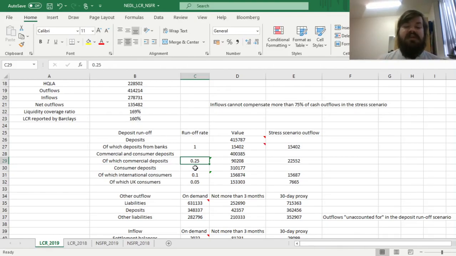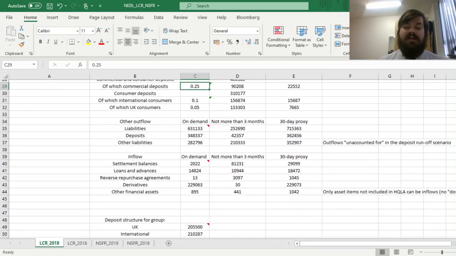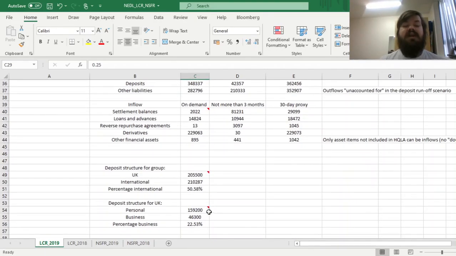And to see how many commercial deposits there are, we have to make some reasonable assumptions about the structure of our clients. And Barclays, in particular, provides this structure for their UK department and no structure like that for their group.